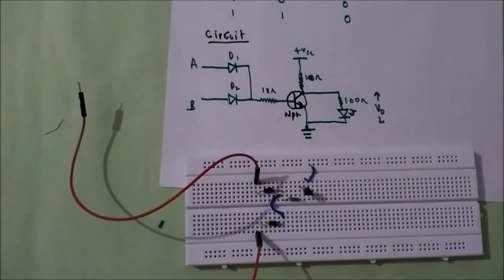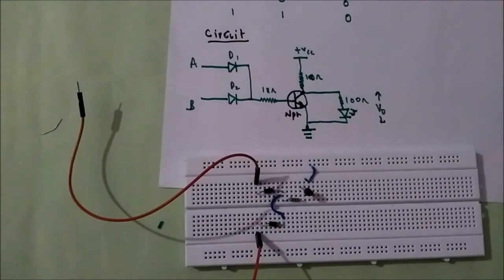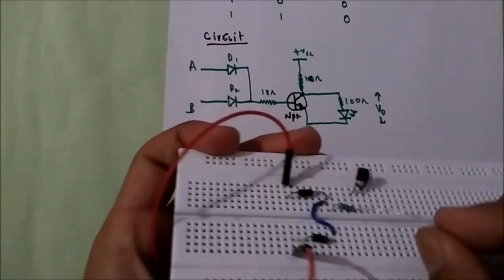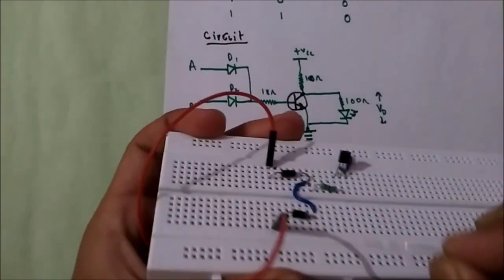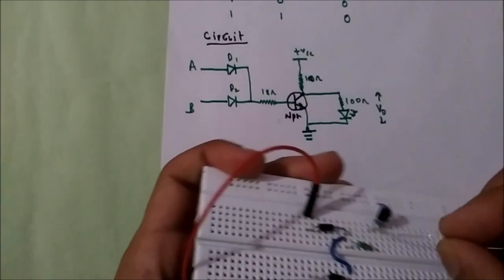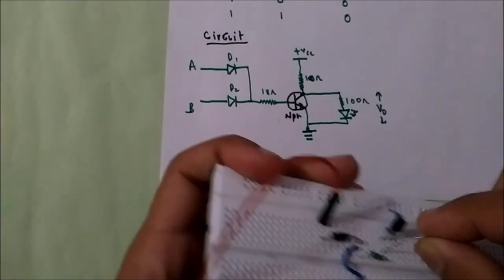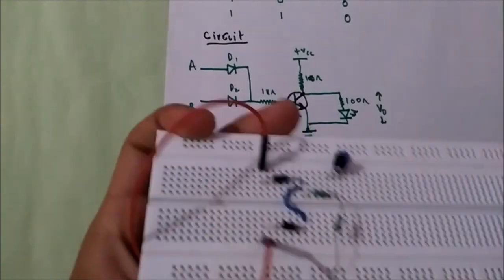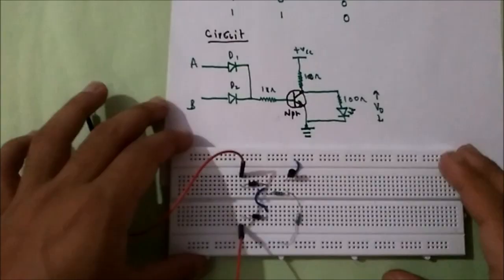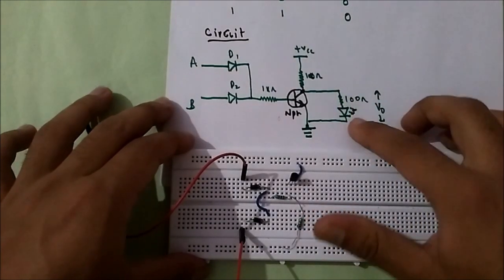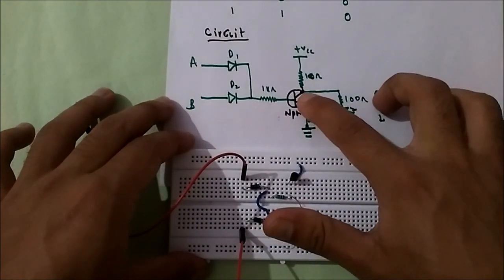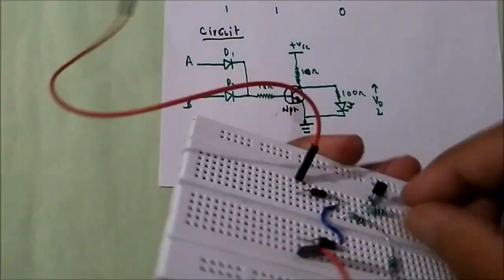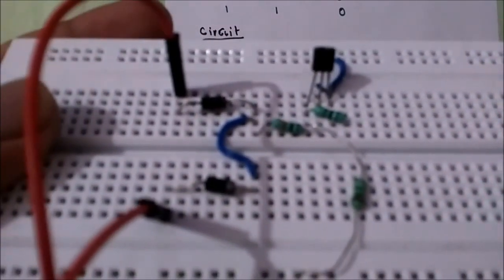So from the collector terminal to the positive terminal of the battery, I'll connect it from here directly here, a 100 ohm resistor. Okay. Now a 100 ohm resistor and LED is connected to the collector terminal again. So I'll just connect. Okay. So this is it.